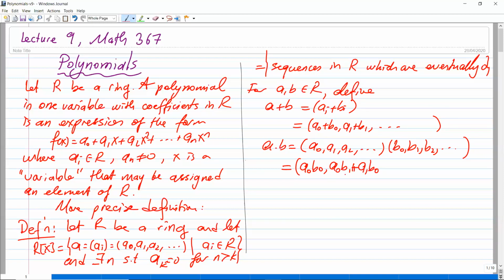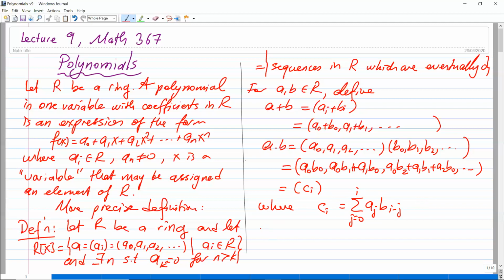Namely, we take the products of elements whose indices sum to 0 in the first coordinate, sum to 1 in the second coordinate, and in the third coordinate it is a0 b2 plus a1 b1 plus a2 b0, where the indices sum to 2, etc. So we may define it like this: this is ci, where ci is the sum over j from 0 to i of aj times b(i minus j).